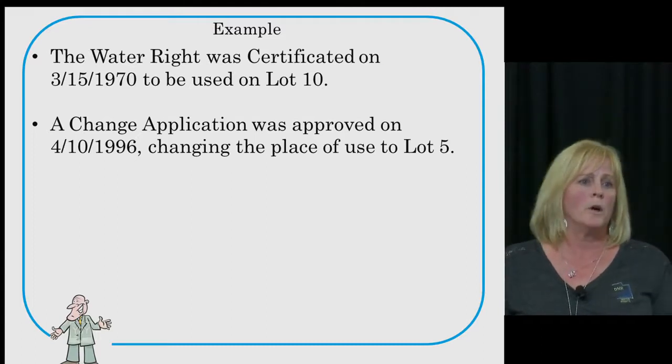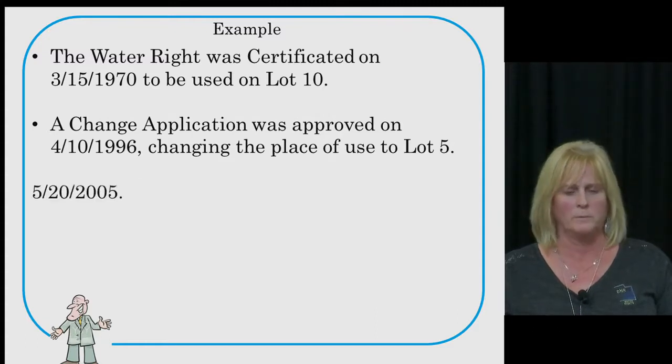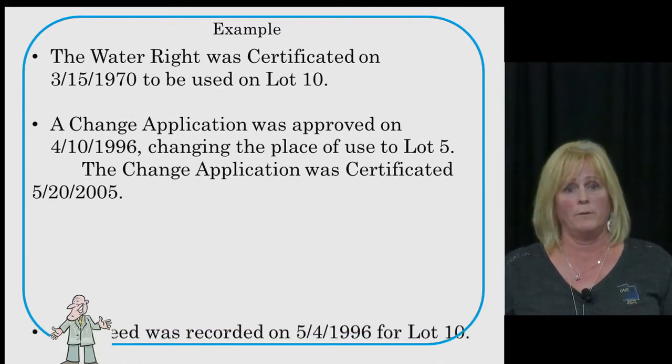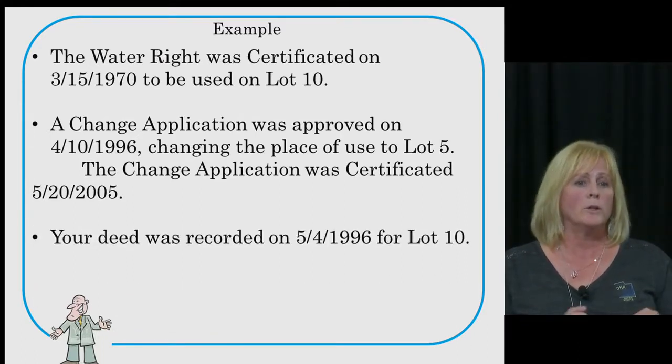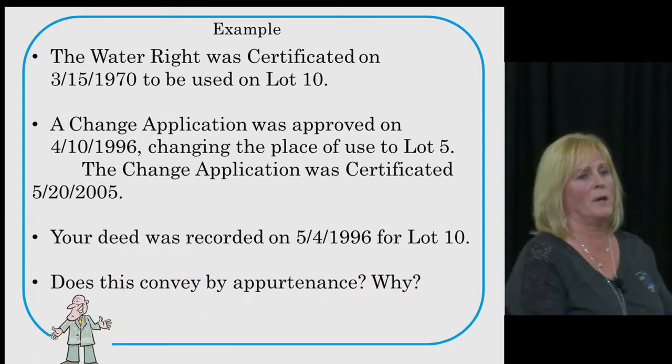It was approved on April 10, 1996, changing the place of use to Lot 5. The change application was certificated on May 20th, 2005. Then you look at your deed, and your deed is recorded May 4th, 1996 for Lot 10. So, does this convey by appurtenance?